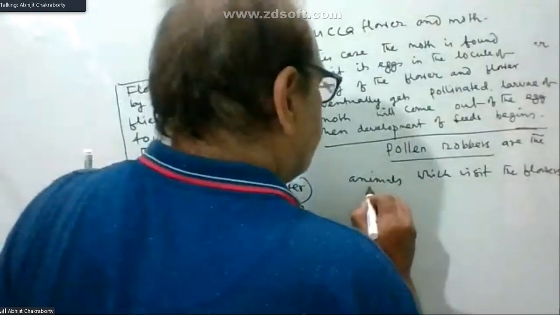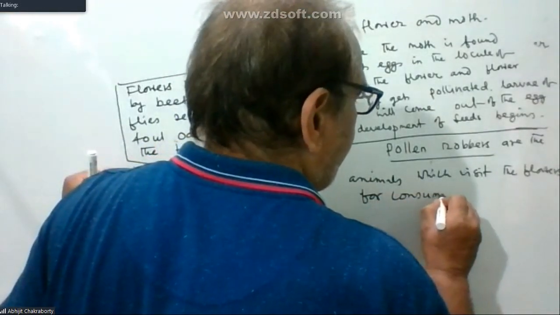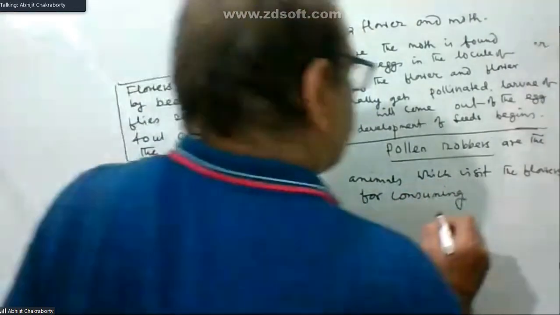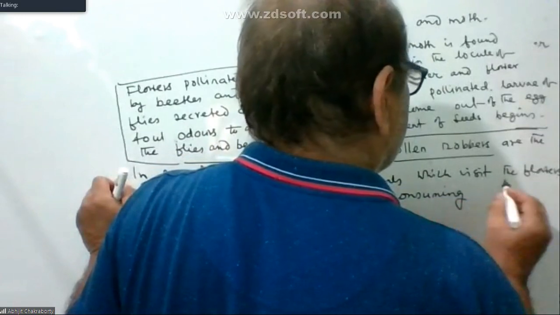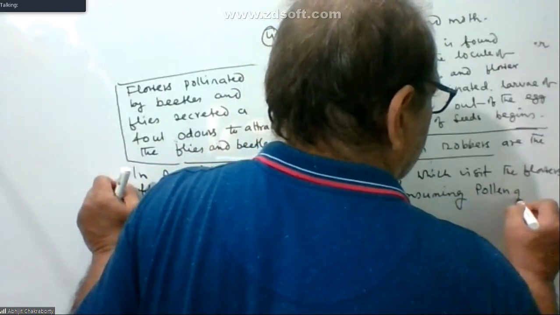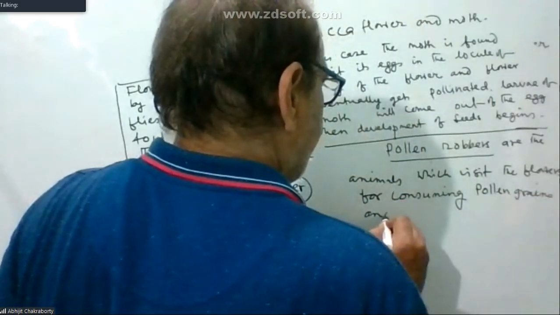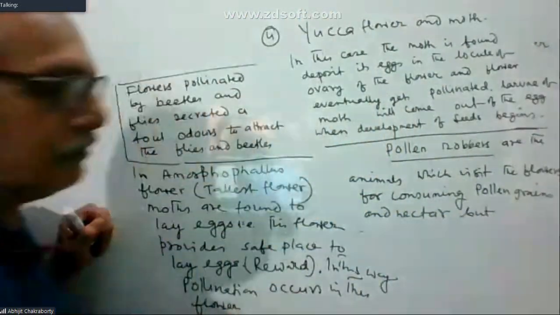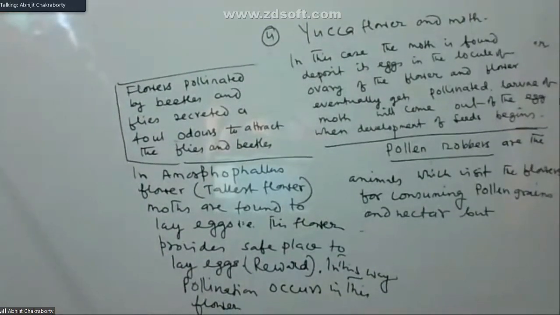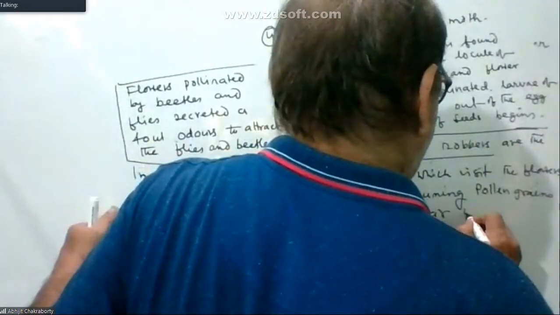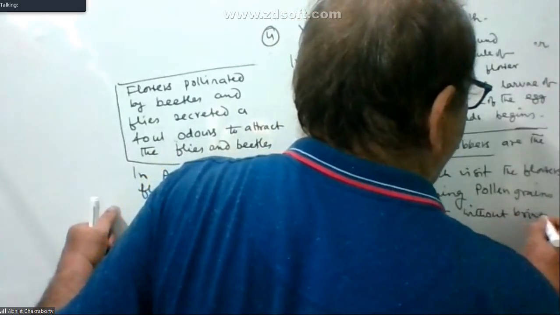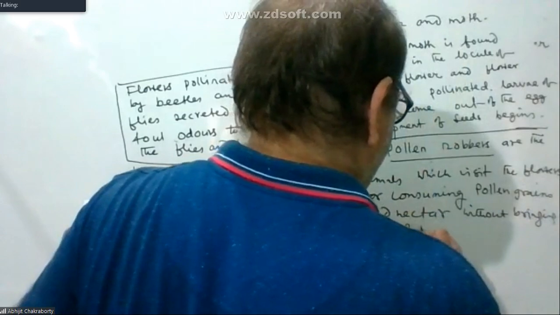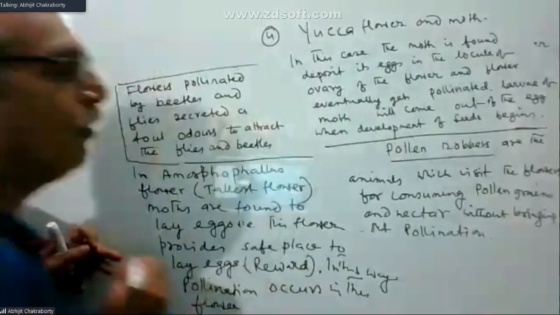Animals who visit the flowers for consuming pollen grains and nectar, but not going to help in pollination.